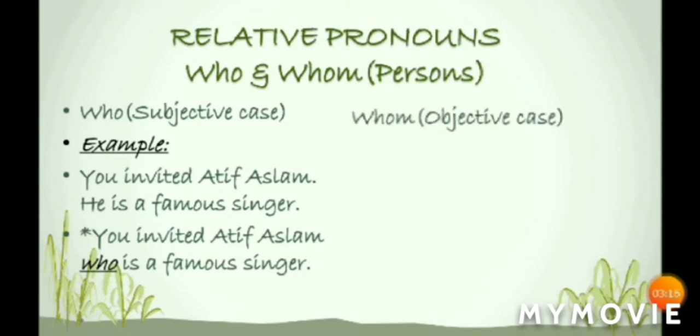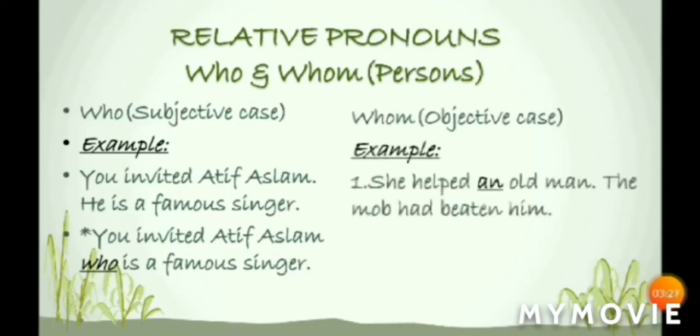Whom is used for the objective case. The object of a sentence is the objective case. Example: She helped an old man. The mob had beaten him. In the second sentence, him refers to the old man and him is the objective case. So we join the sentences using whom.